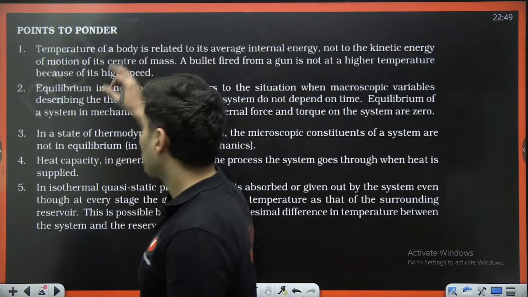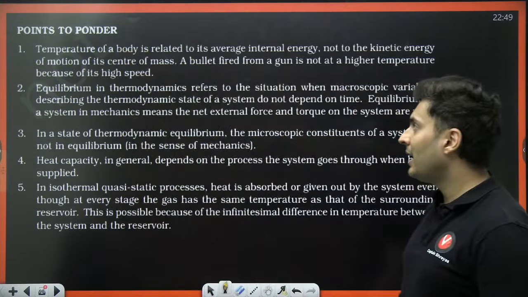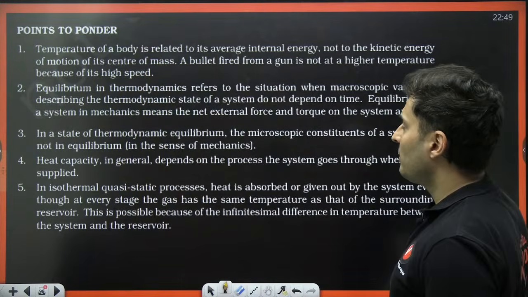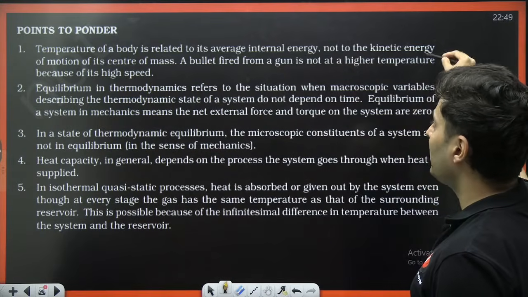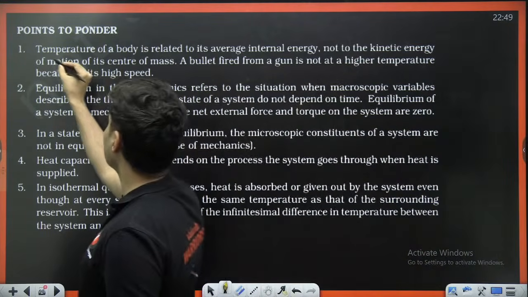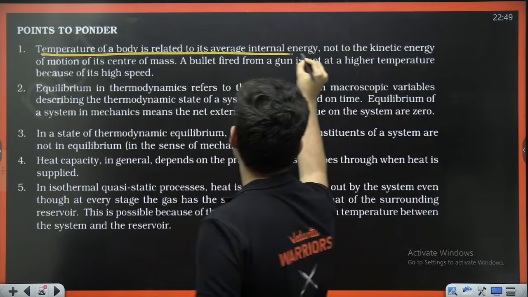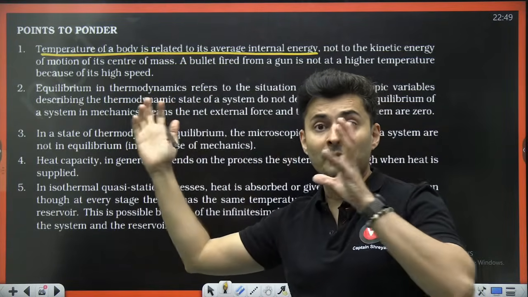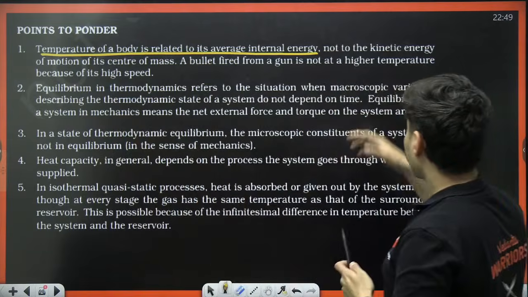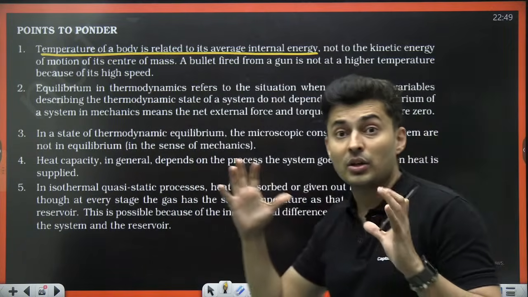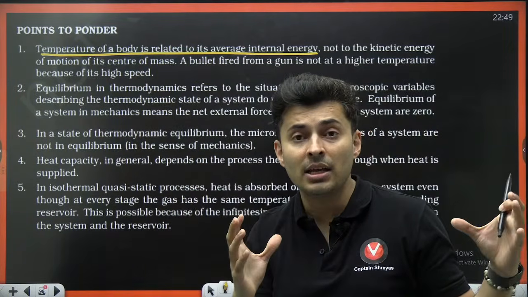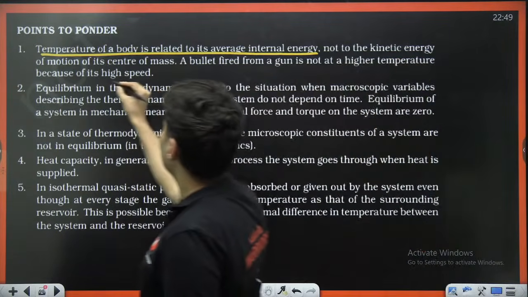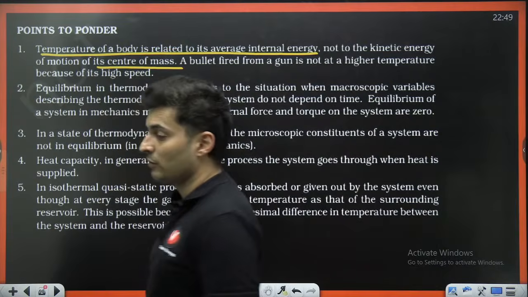Okay. So all the points that are there in the end, I have put up over here. All these are standard things. For example, the temperature of a body is related to the average internal energy, which we did in one of the problems. Just because a gas is moving does not mean it has more temperature, because all the energy is measured from the center of mass.